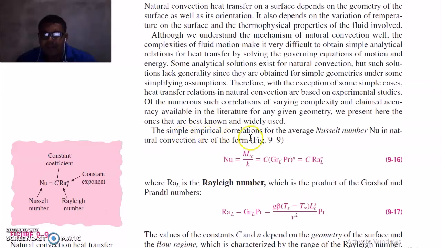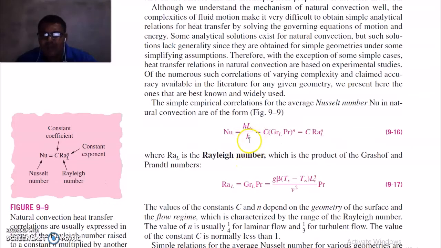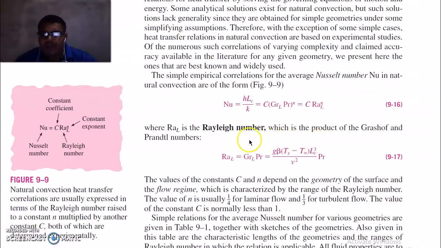The simplest empirical correlations for the average Nusselt number in natural convection are of the form hL by k is equal to C, Grashof number times Prandtl number raised to power n, is equal to C, Rayleigh number to the power n, where Rayleigh number is the product of Grashof number and Prandtl number.